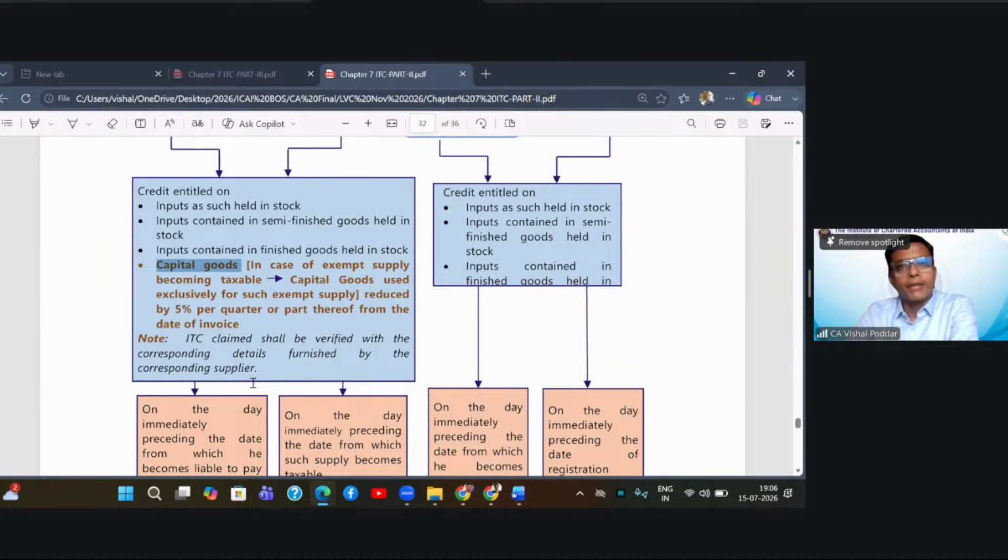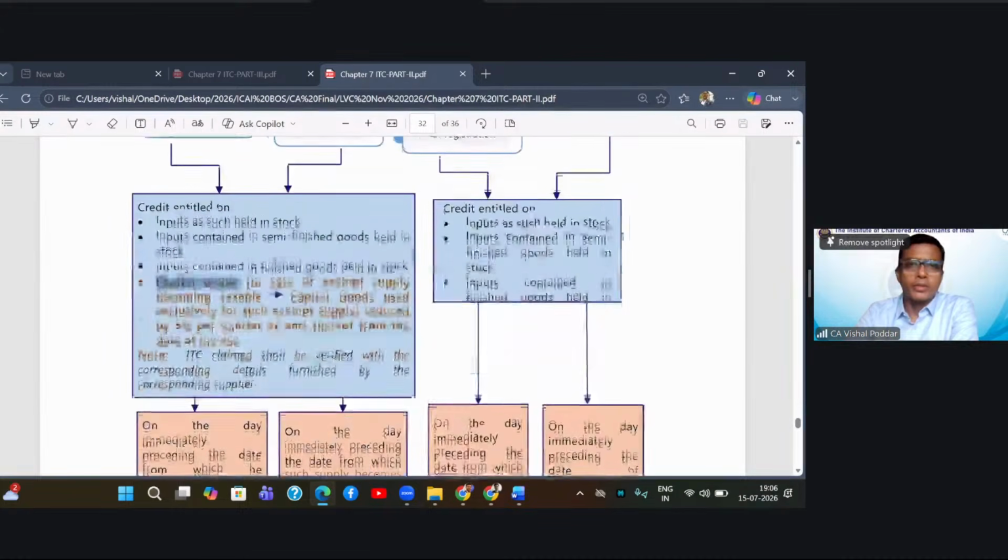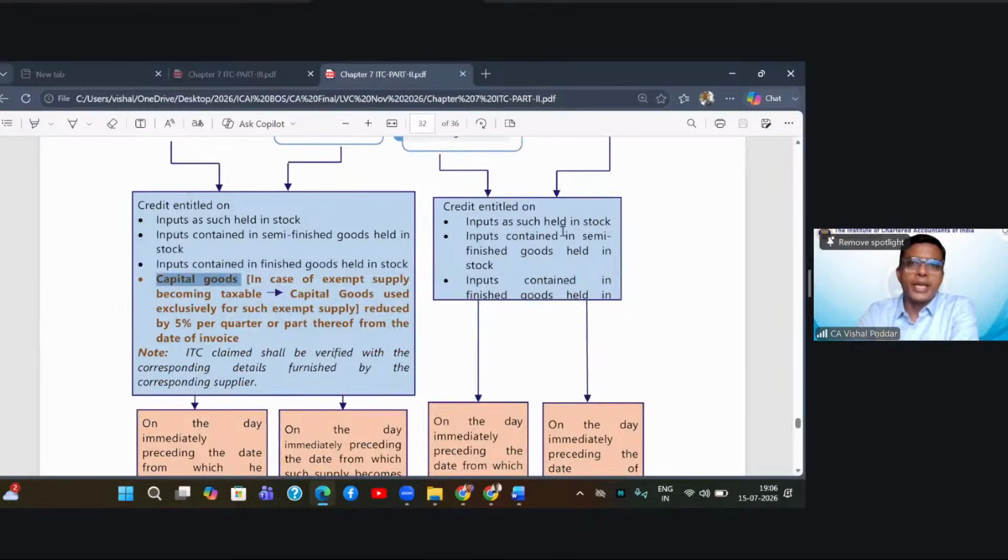So the difference between these categories is: from unregistered to registered, only inputs lying in your stock are eligible. Capital goods lying in your stock are not eligible. In the category of composition to regular or exempt to taxable, inputs in stock as well as capital goods in stock, both are eligible.